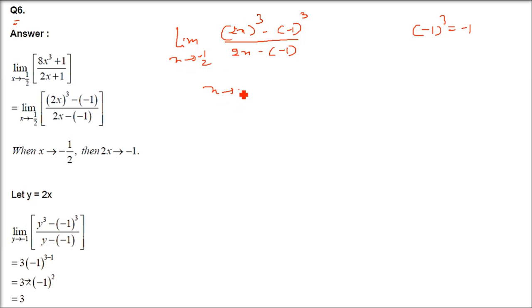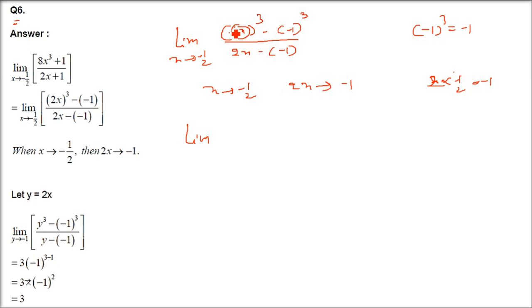So limit x tends to minus half. So now we cannot directly apply the formula. This 2x, you have to take some other letter like y. So if x tends to minus half, what will be y? If we are assuming y to be 2x, so 2 into minus half is minus 1. So x tends to minus half, y will tend to what?